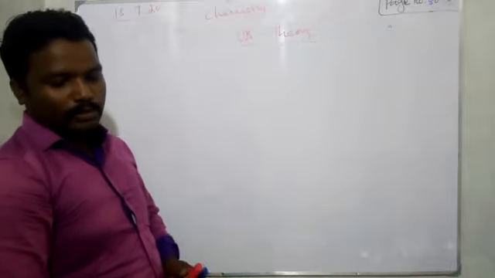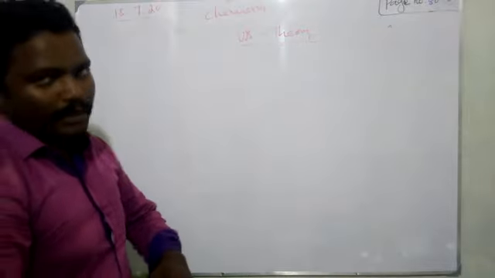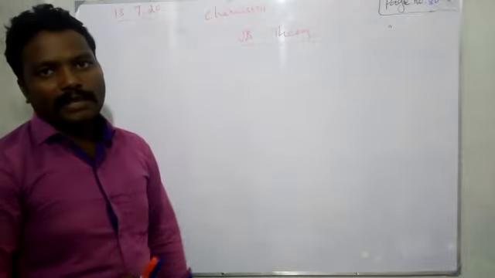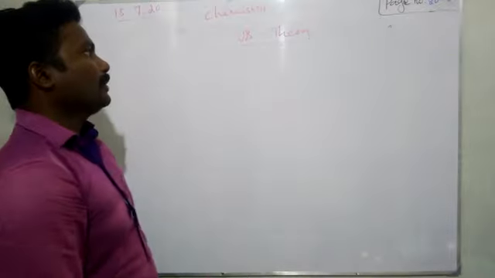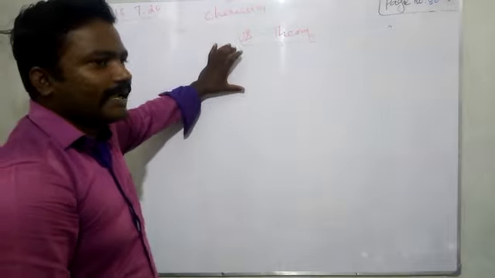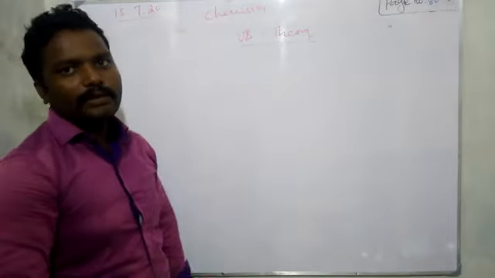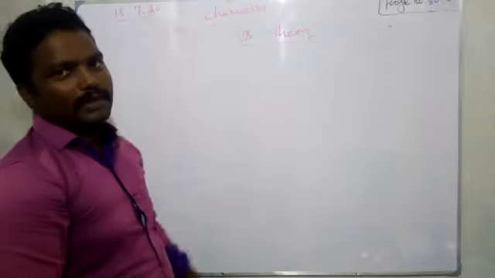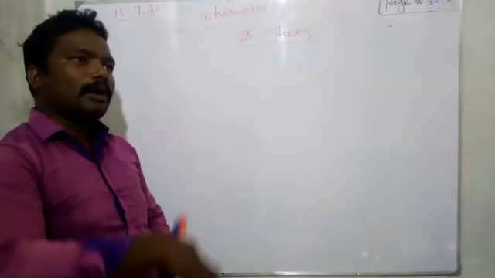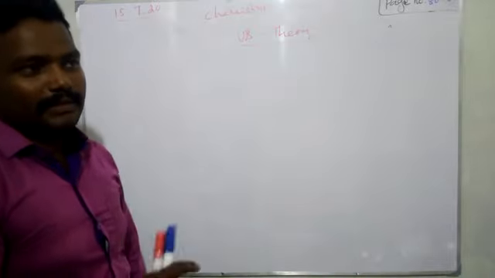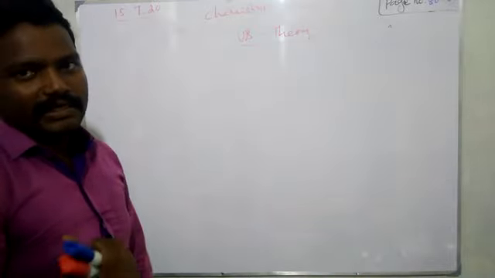The two scientists Heitler and London drew up the valence bond theory. Actually it is based on wave mechanics, but we cannot go into all those things. We can learn all the wave mechanics in higher studies, right?